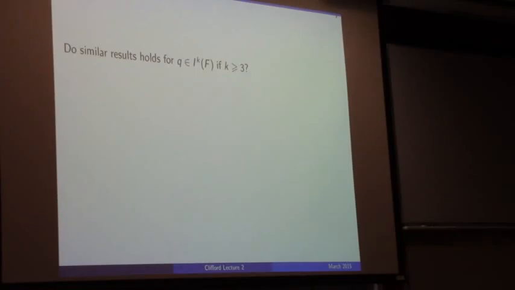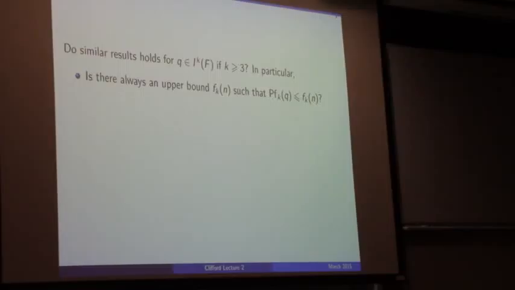So now I want to know if something like this works for higher powers of the fundamental ideal. In particular, is there always an upper bound, depending on the power k and the dimension n, such that the Pfister number of every q which lies in the kth power of the fundamental ideal is bounded by this number?